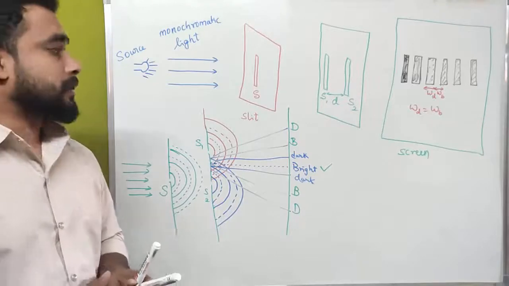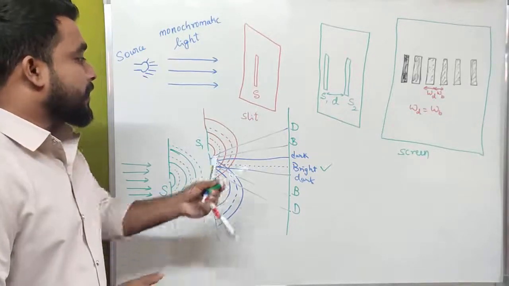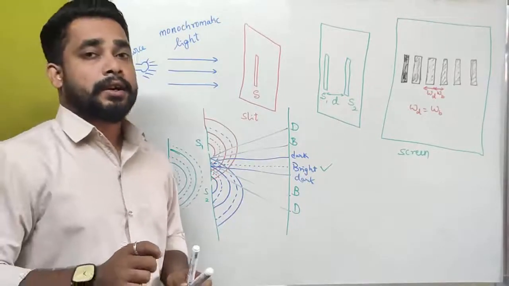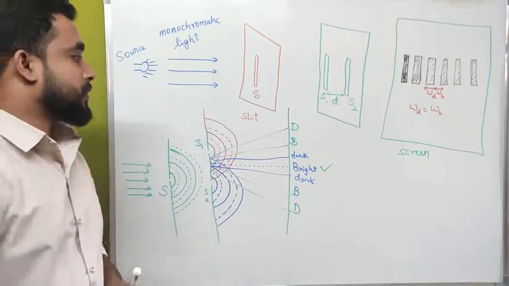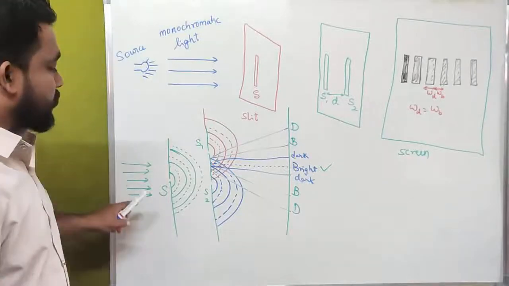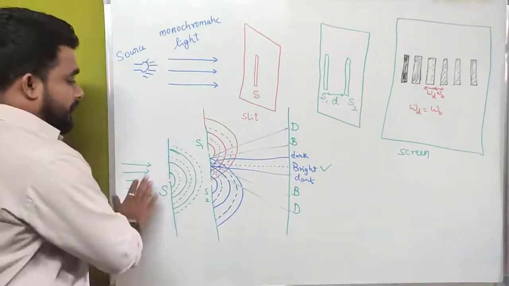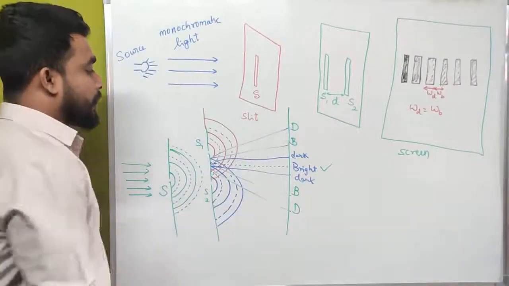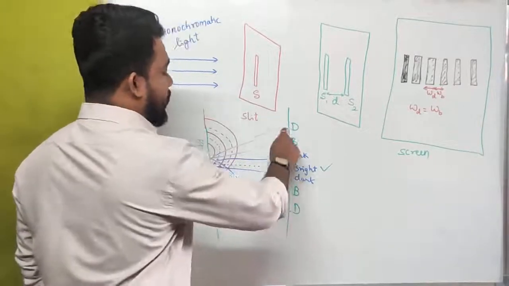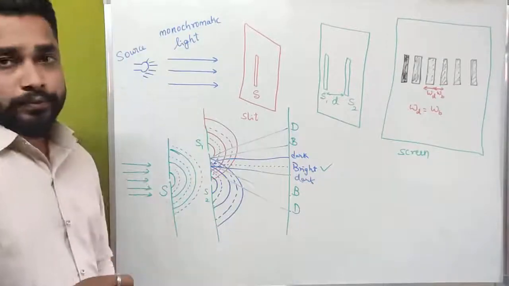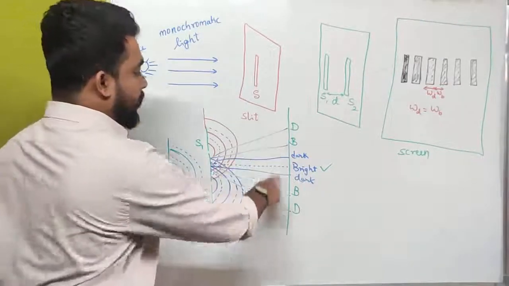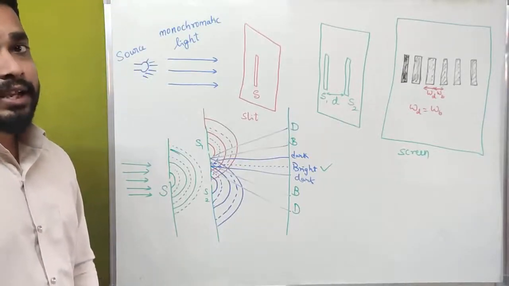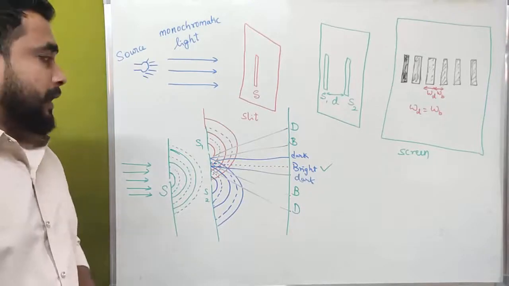If the bright fringes and the dark fringes remain fixed on the screen, it is called sustained or permanent interference. Once we turn on the switch, the interference pattern is obtained on the screen. If the fringes are permanent as long as the source is on, such interference fringes are called a sustained interference pattern.